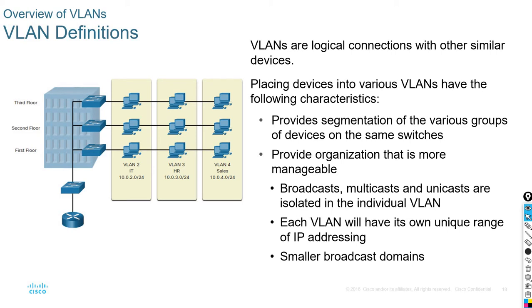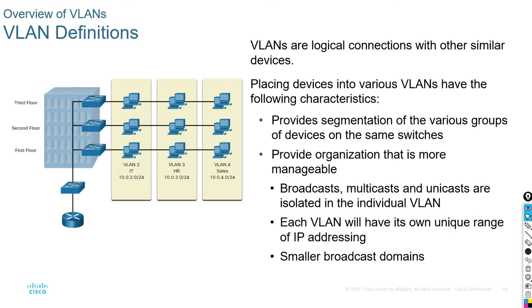Each VLAN is treated as a separate logical network. Any switch port can belong to a VLAN, and each VLAN will have its own unique range of IP addressing, providing organization that is more manageable.